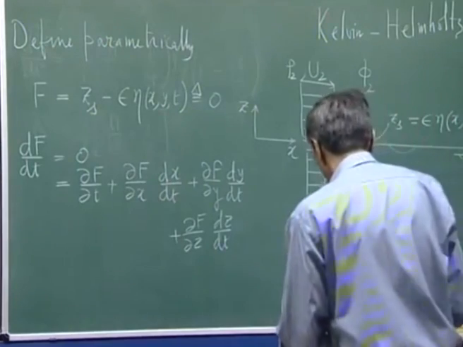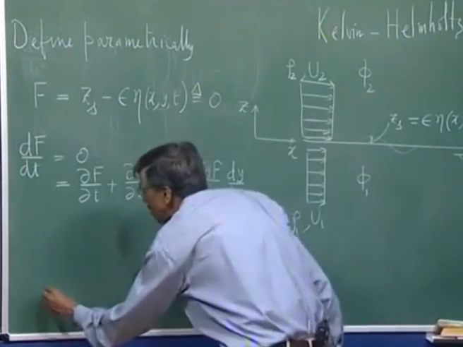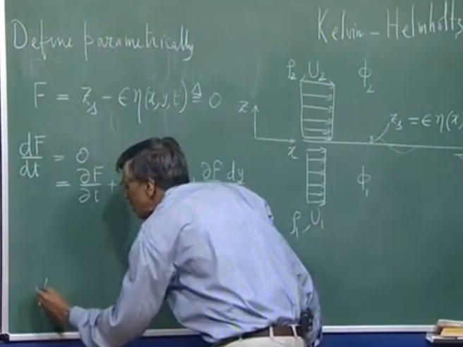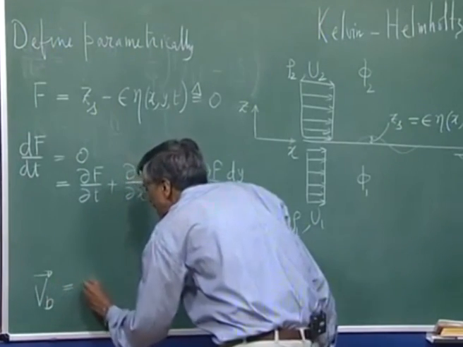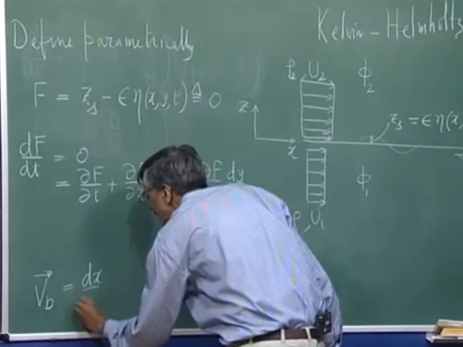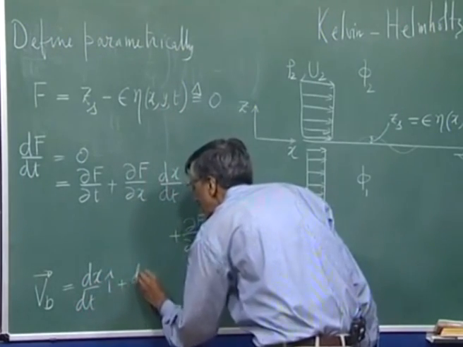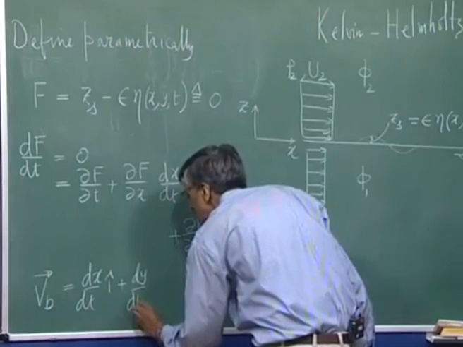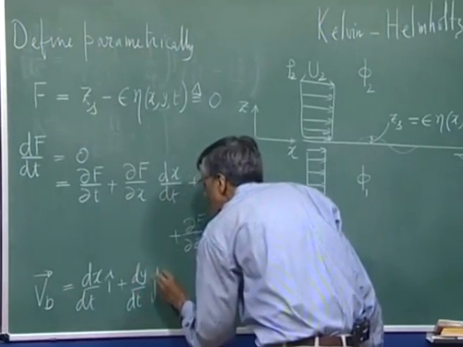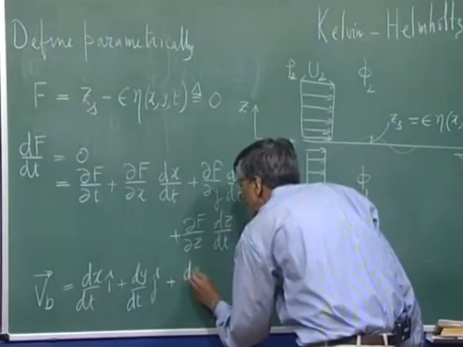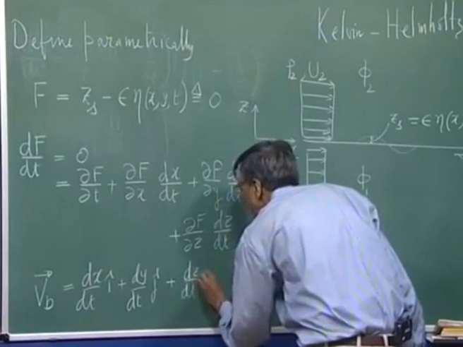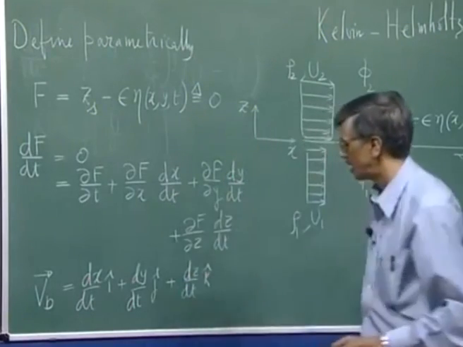So, the boundary motion, I will call it V b, is nothing but dx dt unit vector plus dy dt unit vector plus dz dt unit vector in the z direction, right.